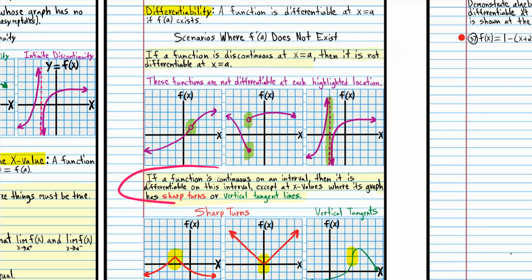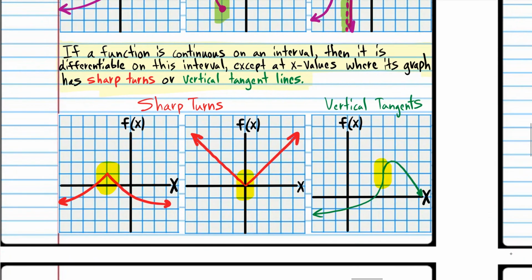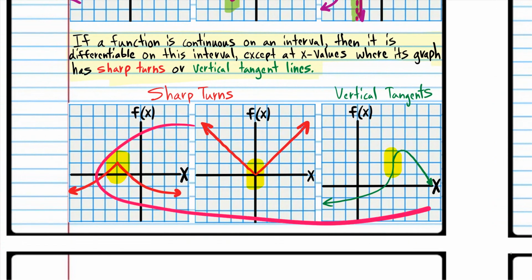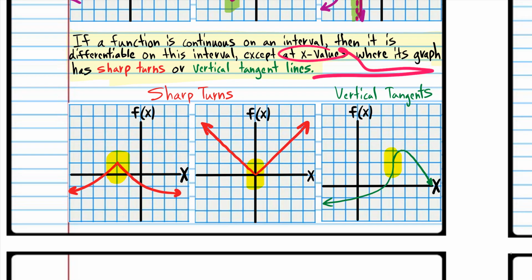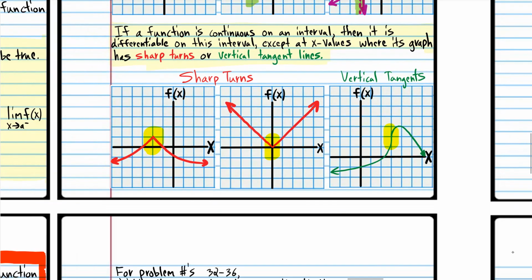You also need to know if a function is continuous on an interval, like these graphs are all continuous, then it is differentiable on this interval, except at x values where its graph has sharp turns or vertical tangent lines.